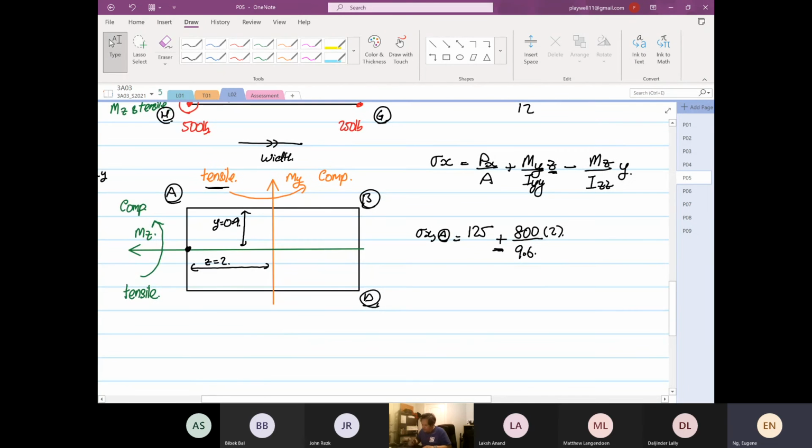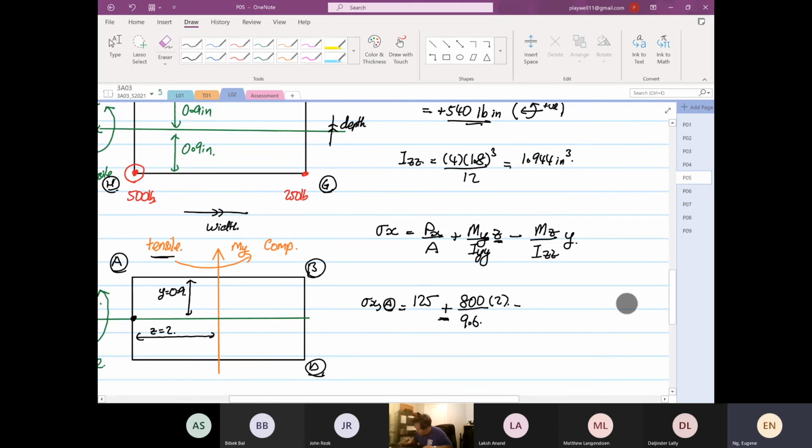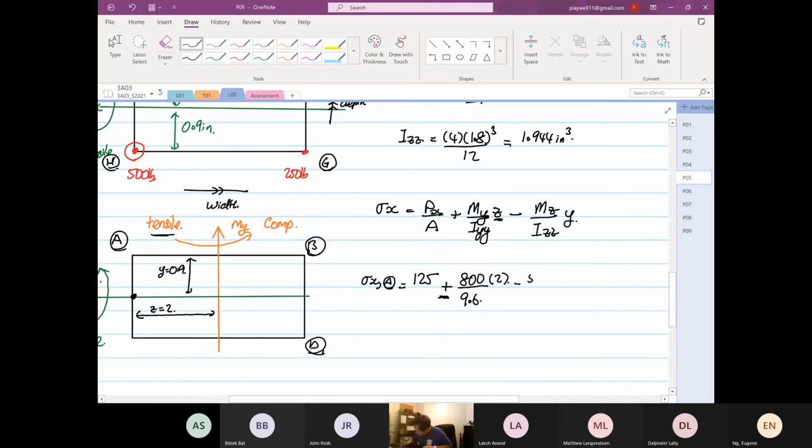And then at point A, MZ is going to induce a compression. So minus MZ, our MZ is equal to 540, over IZZ. What is our IZZ? 1.944. So the Y distance is equal to 0.9.